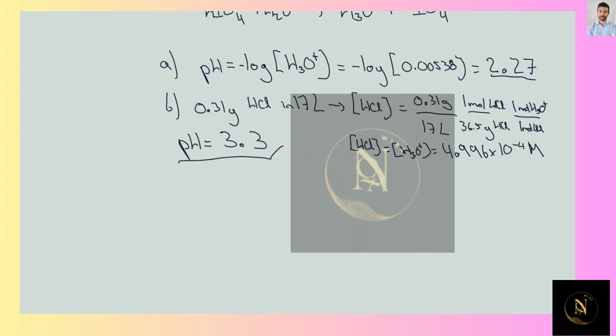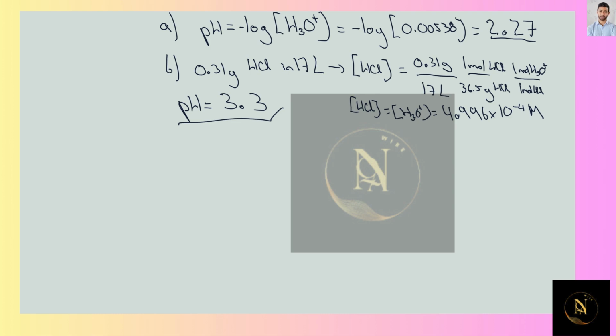Next up for C, we have 26 milliliters, which I'm going to write down as 26 times 10 to the minus 3 liters of a 7.4 molar solution of the acid. If we multiply both of these, this gives us the amount of H3O plus that will appear in solution, which is 0.1924 moles.